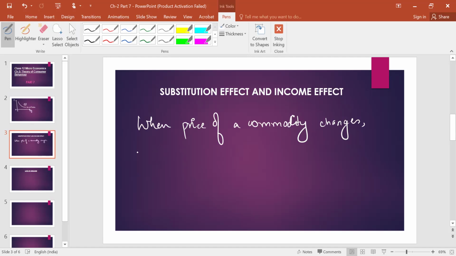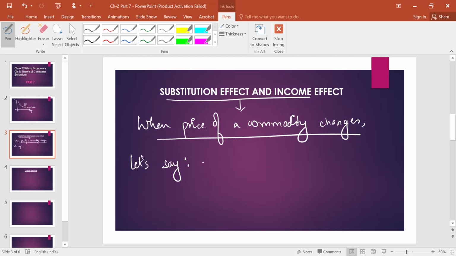These two effects come into place when there's a change in the price of a commodity. So let's say our commodity is bananas, and let's say bananas have become cheaper.